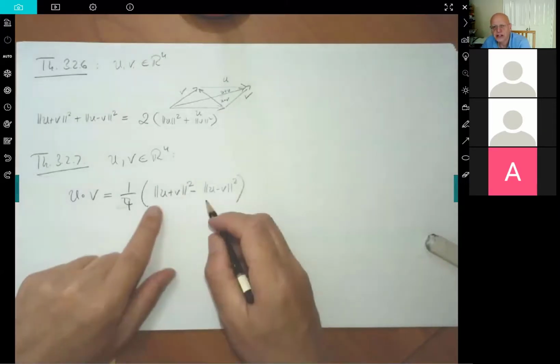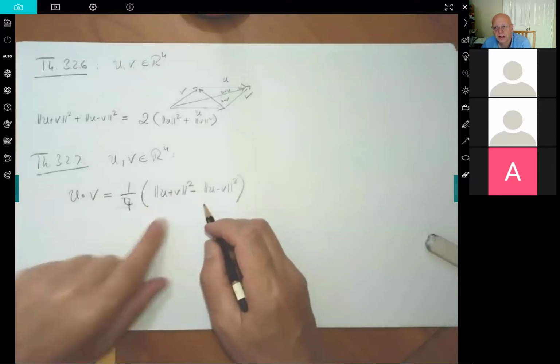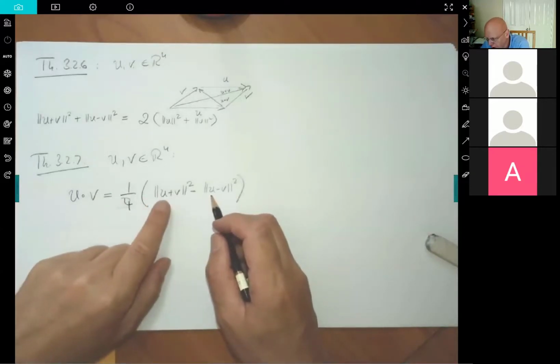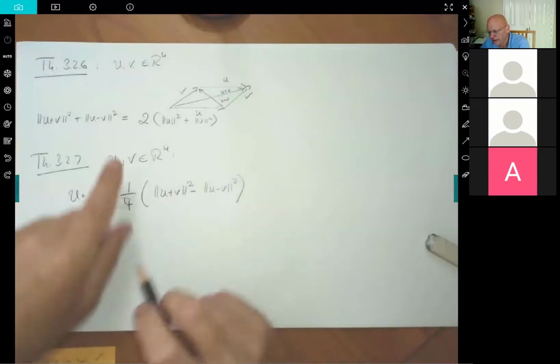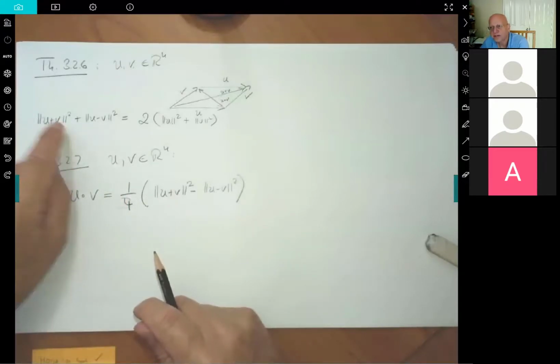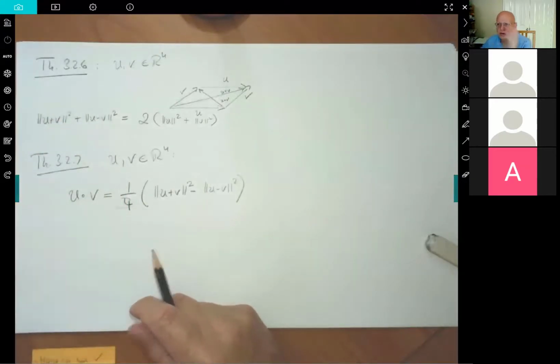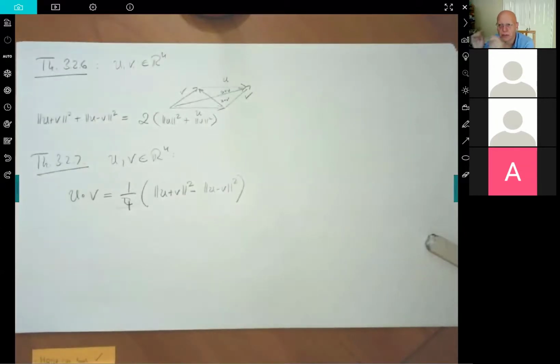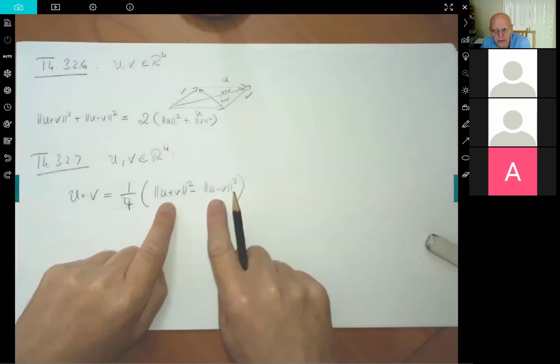So what is special about this? So this is special because, remember, we can calculate the norm with the help of the dot product. So let's say if you have implemented a computer program which can calculate the dot product, you can automatically calculate the norm. This one now goes in the other direction.